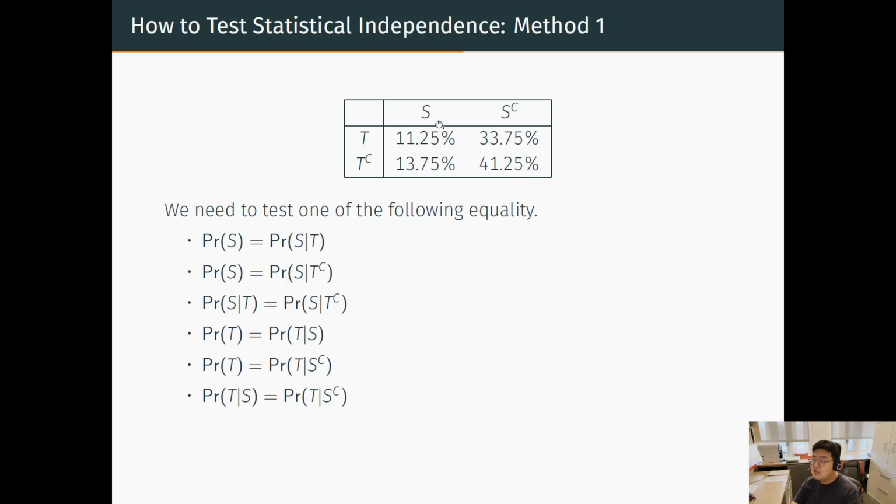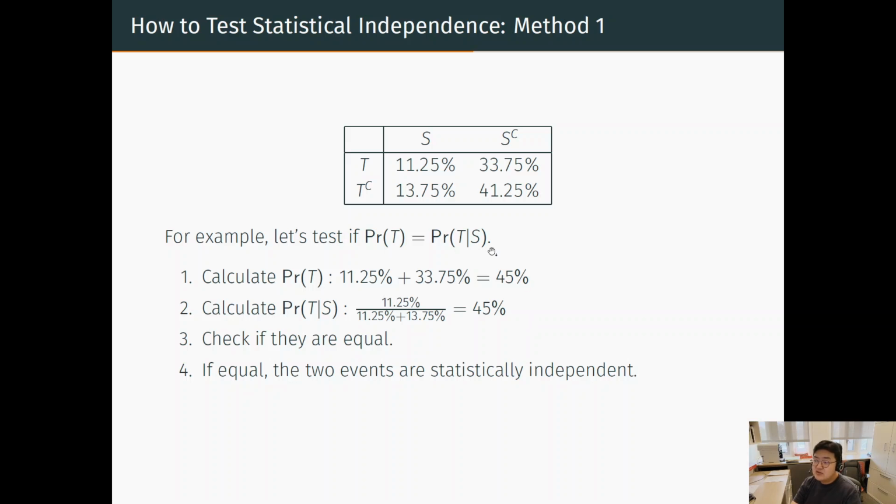As an example, I'm going to test the unconditional probability of T against the probability of T given S. When I change the condition to S, I will check if the probability of T changes. So the unconditional probability of T is 45%.